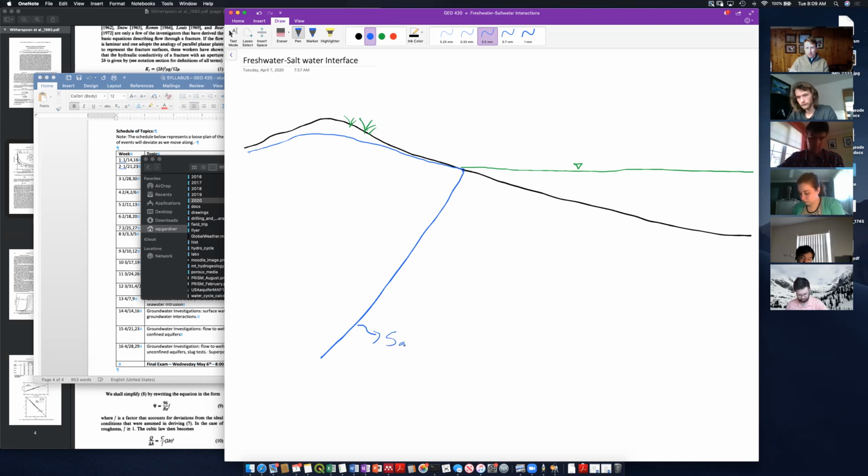So we'll call this the saltwater interface. So on this side, we've got freshwater. And on the other side of the interface, we have saltwater.